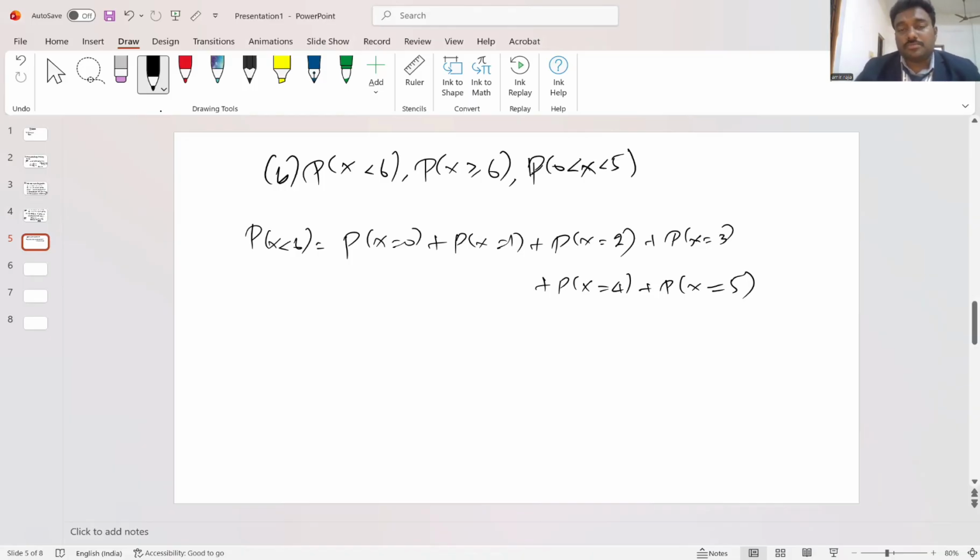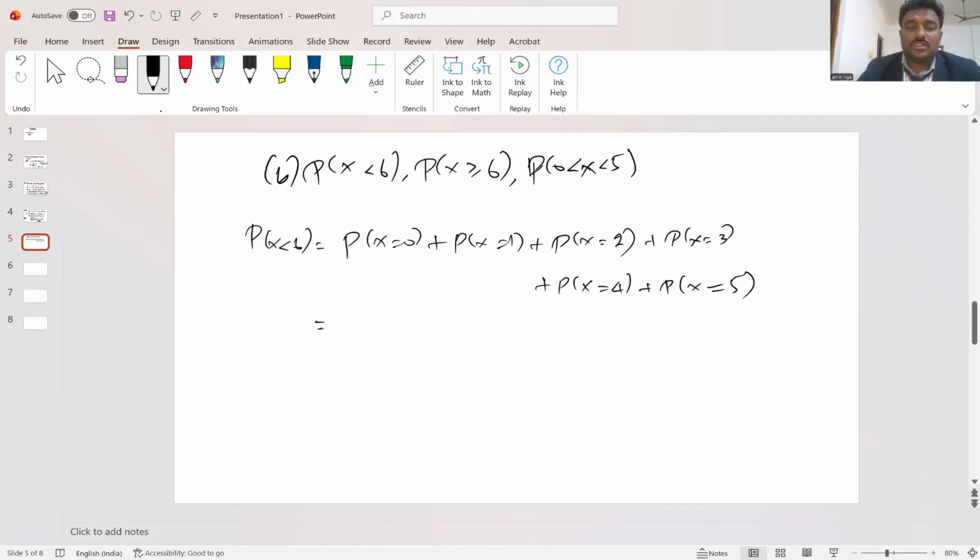Why can't we multiply them? Whenever x less than 6 is asked, it represents either 0 or 1 or 2 or 3 or 4 or 5. Whenever we use the term 'or', we use addition as our operation, and whenever we use 'and', we use multiplication. This is the basic rule of probability, so that is why we are adding all these terms, right?